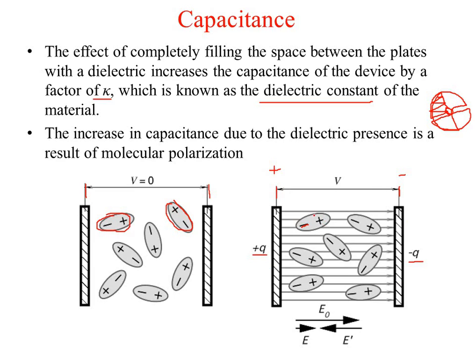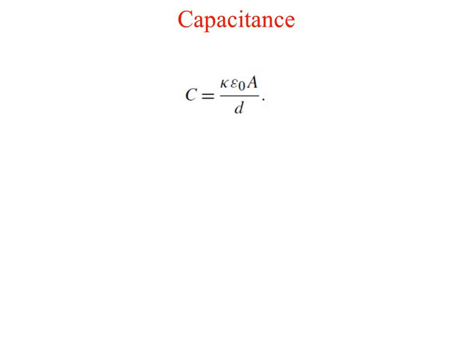Depending on its own orientation and place, the force will be exhibited, and you can see that the orientation is in the direction of the field E. The plus and minus will try to align themselves in the same direction, so the capacitance will increase because of that. So the dielectric presence will increase the capacitance. This is the importance.